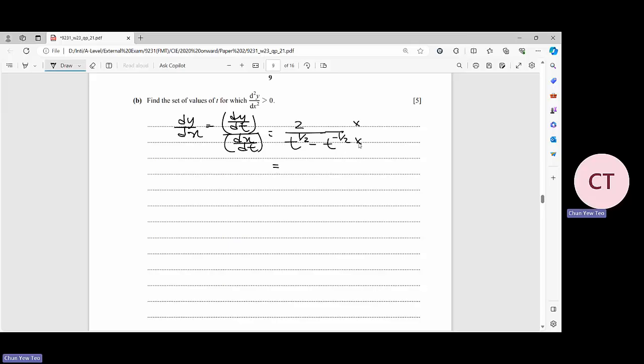So I multiply everything by t to the power of half. Then I get 2t to the power of half divided by t minus 1. This will be your dy/dx.